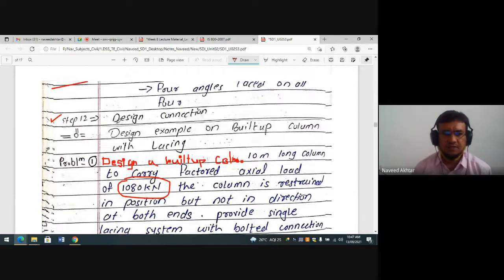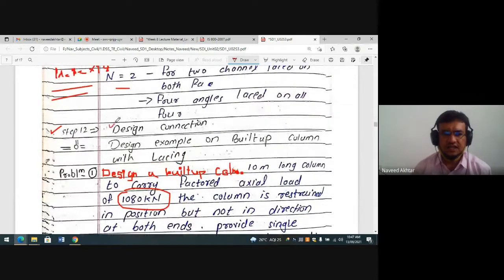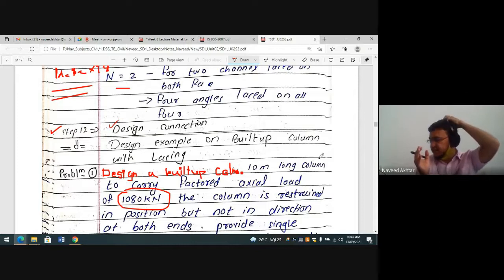Then step number 12, you have to design the connection between the main column and the lacing bar. Okay? These are the steps for design of your lacing column, battened column, and we will see the example tomorrow. If you have any doubt, you can ask me. Otherwise, we will stop here.